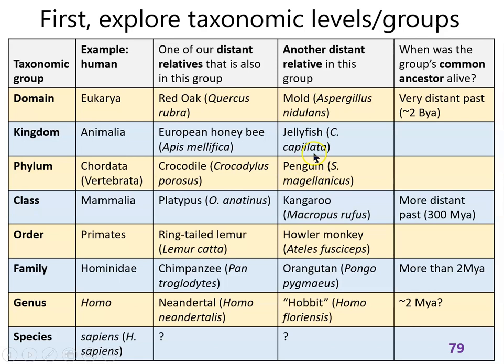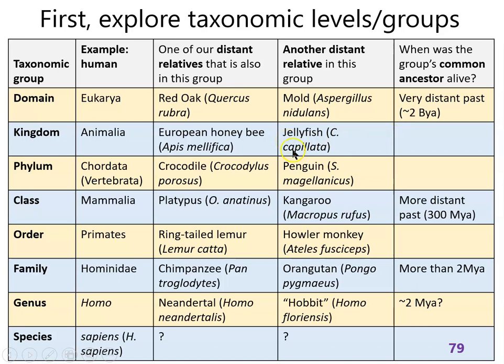And then if we want to go back to the biggest group we have, a domain, the common ancestor of us, plants, and fungi, you'd have to go back something like 2 billion years to find that common ancestor.